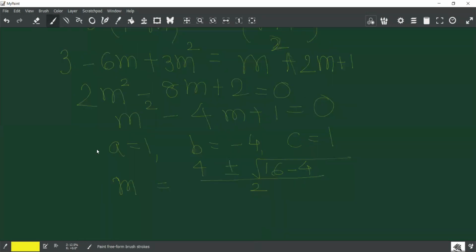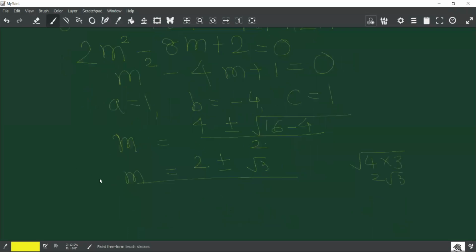Correct? Four by 2 is 2 plus or minus ये root 12 है ना, तो 4 3s मतलब ये आता है 2 root 3 divided by 2. So plus or minus root 3. Correct?